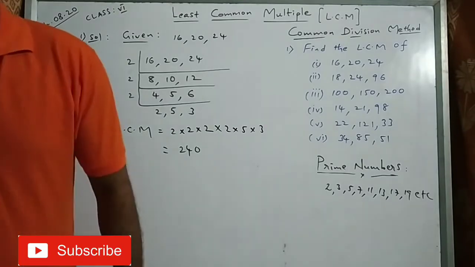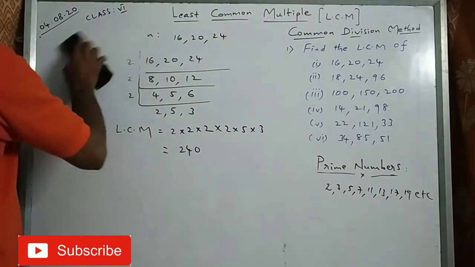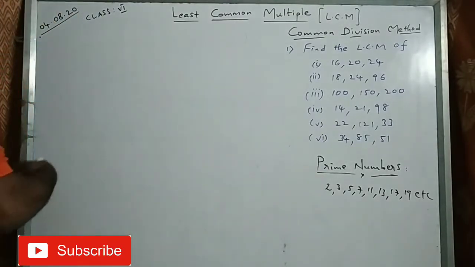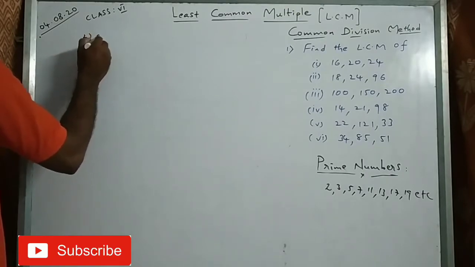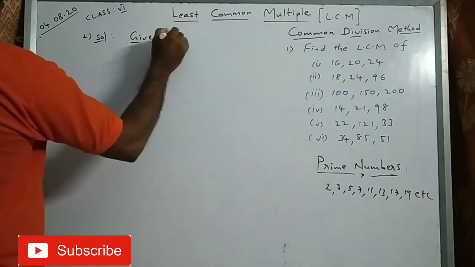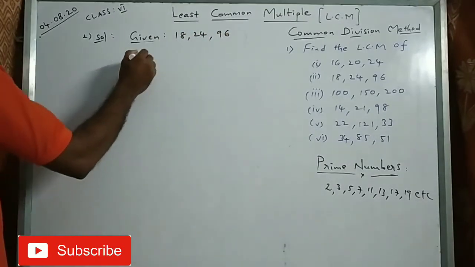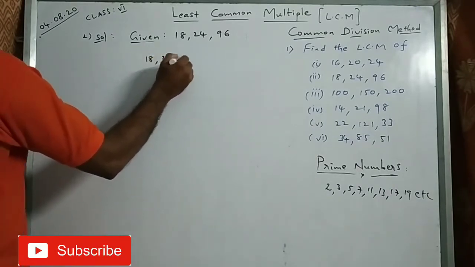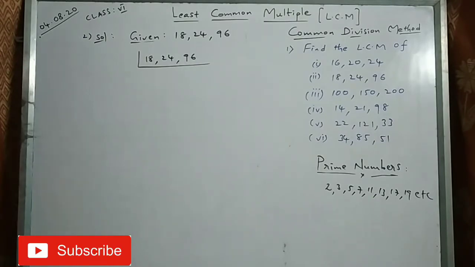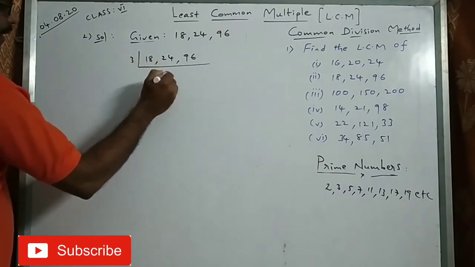Simple, no? Let us see one more problem. Second solution we will see. Given 18, 24, 96. Which prime number will we see here? 3 will go, right? 3 6s are 18, 3 8s are 24, 3 32s are 96.